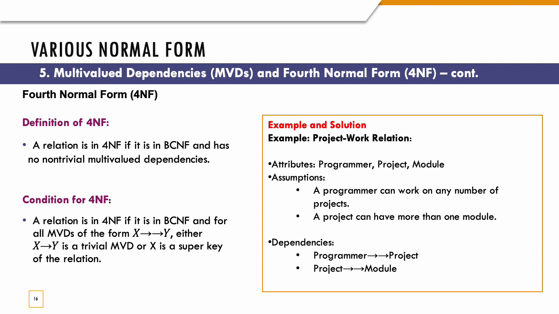Now I'll explain the fourth normal form. The fourth normal form is an advanced level of database normalization aimed at handling the multi-valued dependency, the previous one, MVDs. A relation reaches 4NF when it meets the requirements of 1NF, 2NF, 3NF, and the Boyce-Codd normal form, and additionally has no non-trivial MVDs.